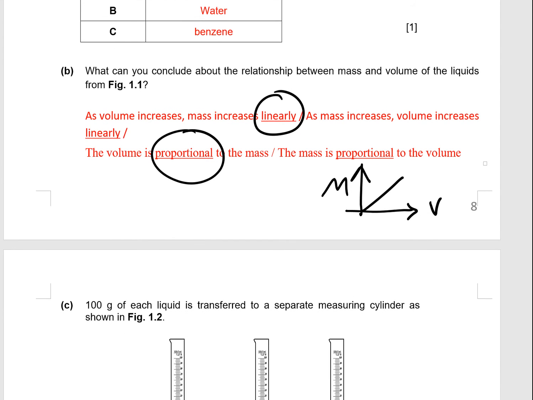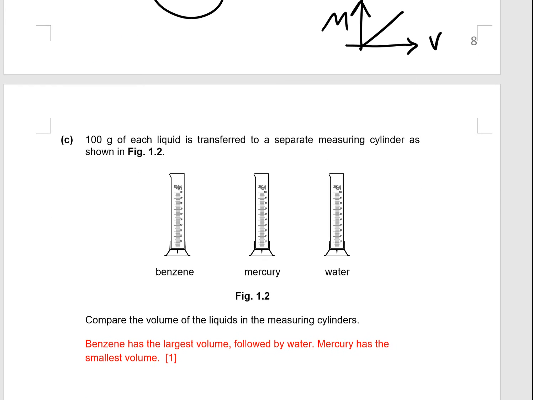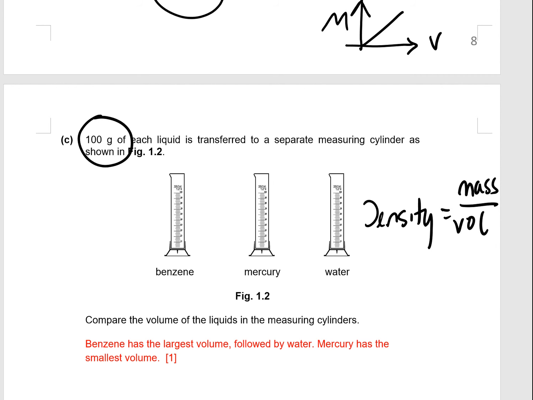And for part C, compare the volume of the liquids. Well, remember, mercury has the largest density. And now all three, so density equals mass over volume, right? And now all the three liquids have the same mass.